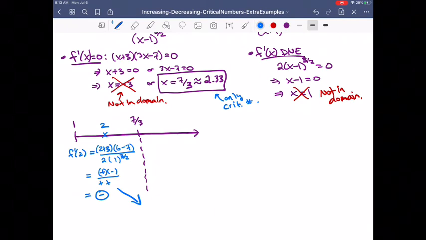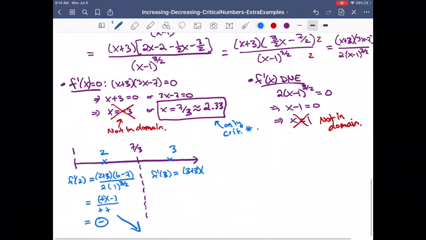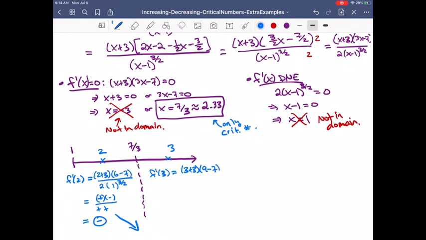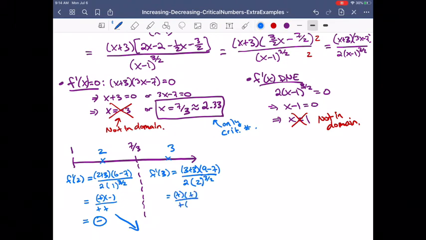If I pick something bigger than 7/3, maybe I pick 3, and then I plug that in, it's going to be 3 plus 3, and then 9 minus 7, 2 over 3 minus 1 to the 3/2. So this is a positive times a positive over a positive times a positive.